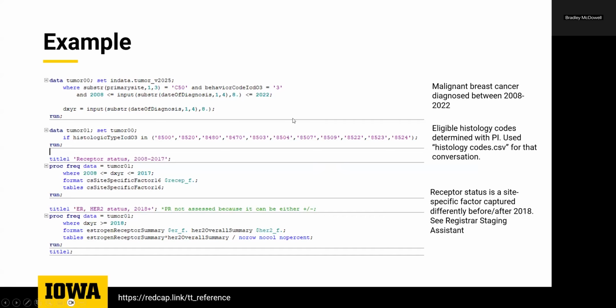This is an actual query that I put together several months ago for one of our investigators here at Iowa, and they were interested in some breast cancer cases that had to be ER positive and HER2 negative. That's the other nice thing about the registry data: you do have high quality information on these site specific variables.